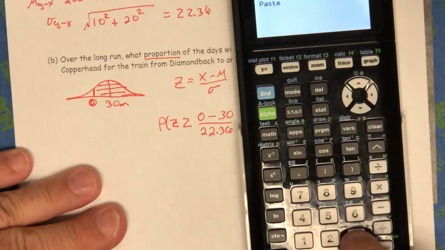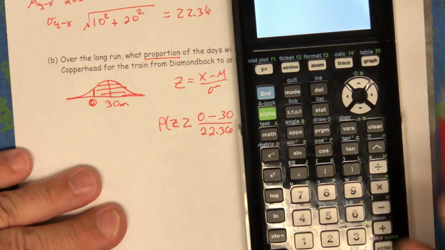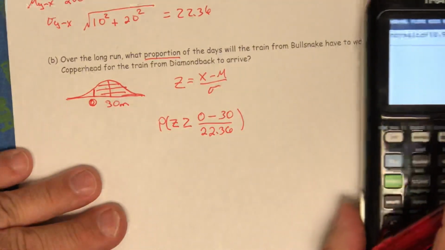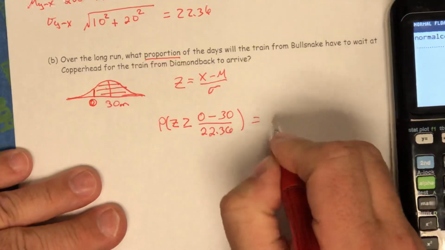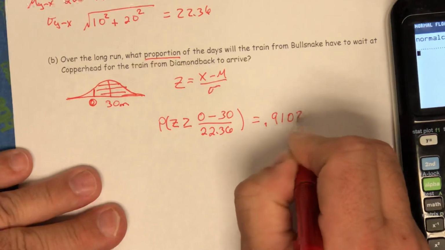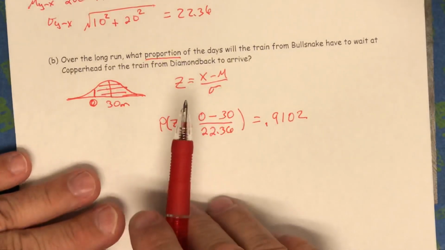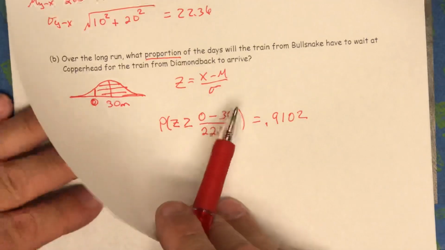My mean is 30, and my standard deviation is 22.36. And so we end up with a probability of 0.9102. So about 91% of the time, the train will have to wait.